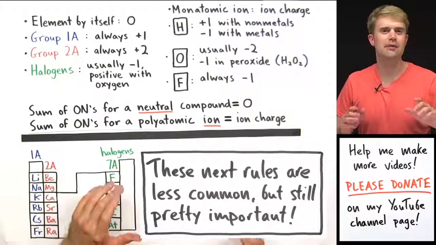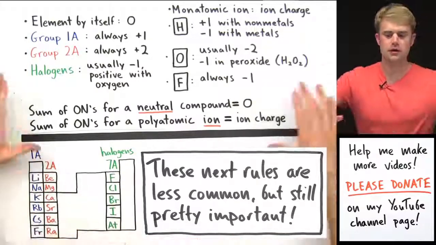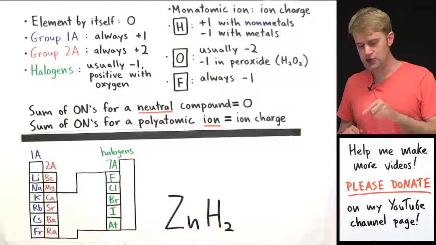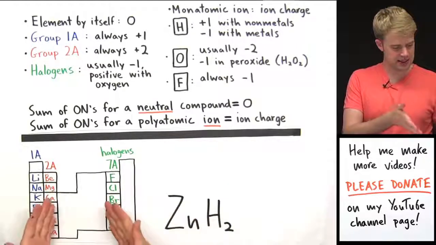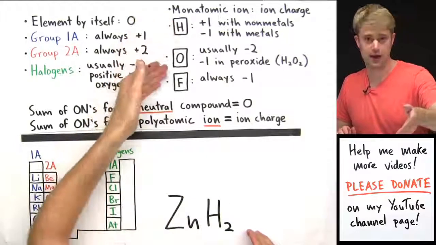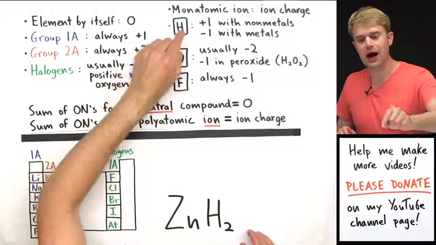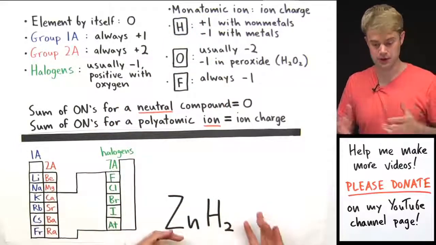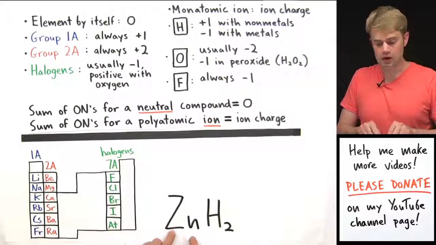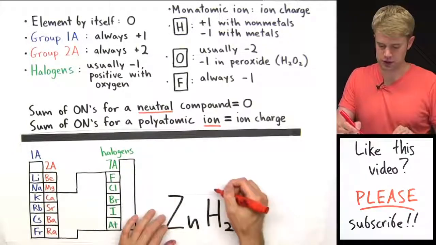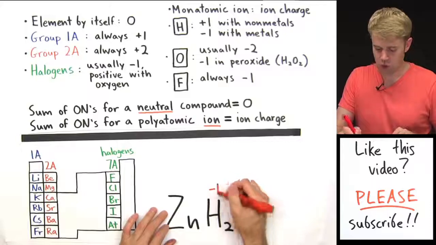Now I'm going to start talking about some more challenging examples that use some rules here that are a little less common. ZnH2. Okay, zinc here, we don't know what its charge will be, but hydrogen, we have a rule for that. Now we've been used to hydrogen's number being +1 because it's been with nonmetals. But here it's with a metal, with zinc. So that means that its oxidation number is going to be -1.